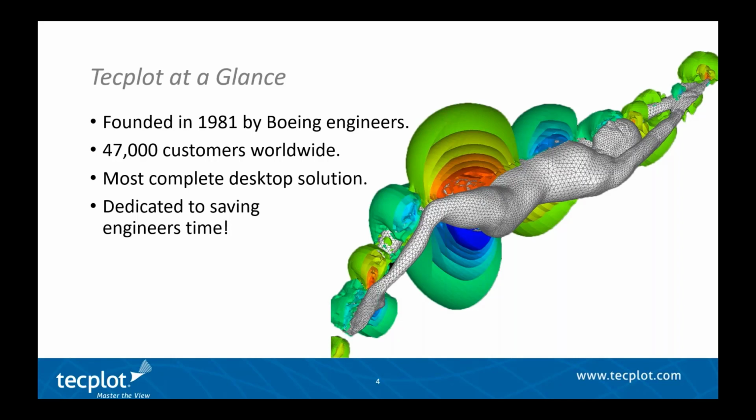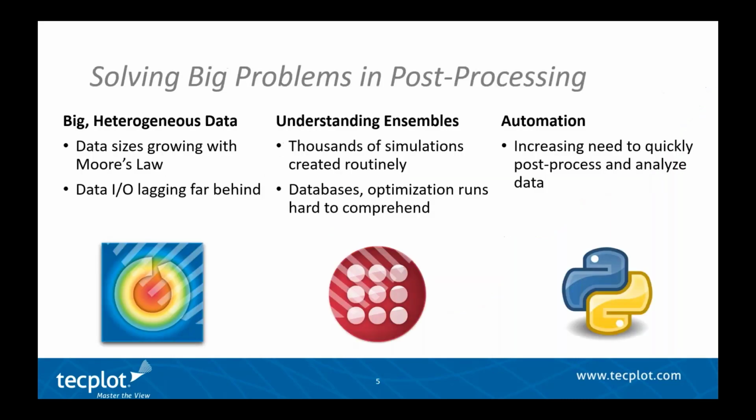Tecplot 360 is really known as being one of the most complete desktop solutions with its integrated XY, 2D, 3D plotting, beautiful 3D plot like you see here, but also line plots to help you get the quantifiable information out of your data. And we're really dedicated to saving engineers time. The way we do that is working on new technologies.